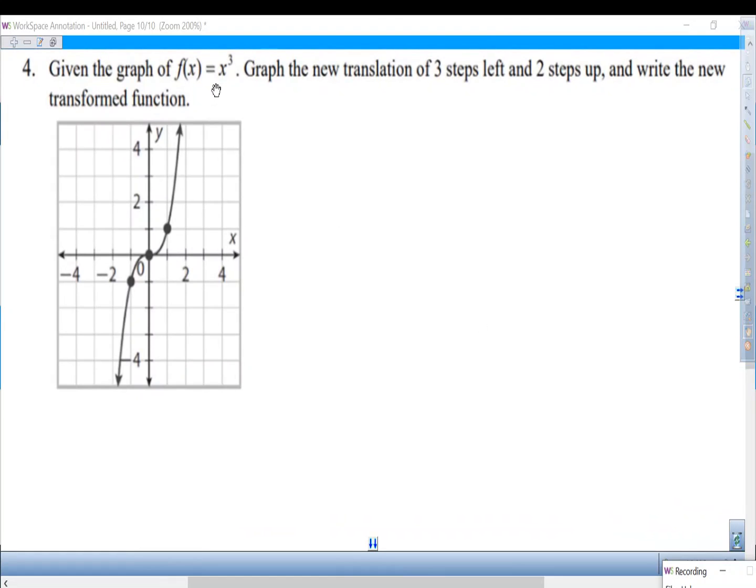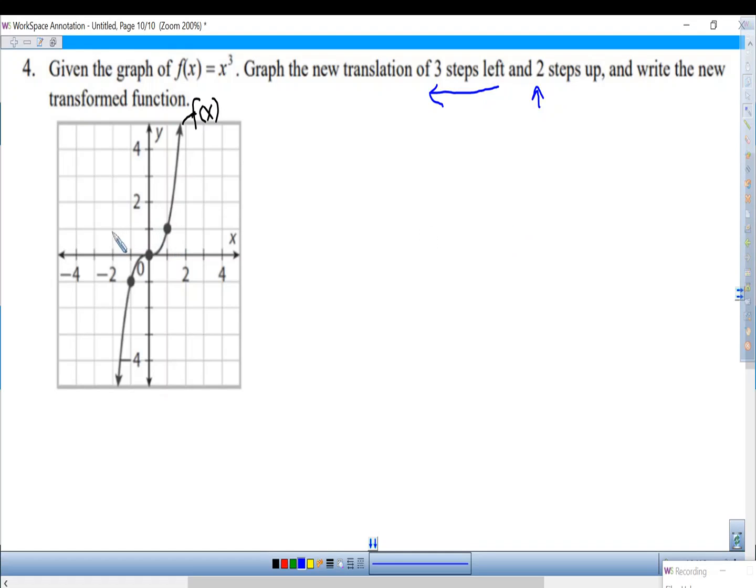So they give us f of x equals x cubed. So label that graph, the original that you just did, label it f of x. And then the end graph is going to be g of x, yes? All right. So they want us to translate this one according to these instructions. What are they? 3 steps left and 2 steps up. So let's take each of these points, 3 left, 2 up.